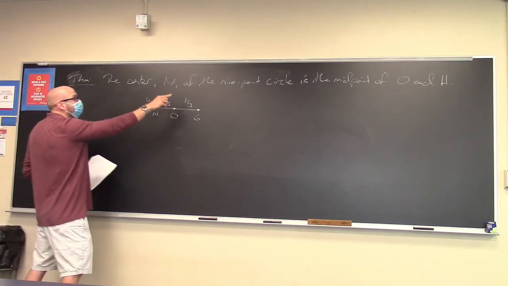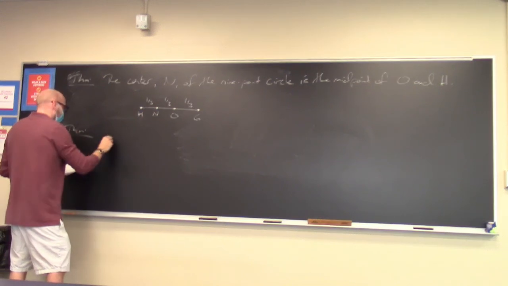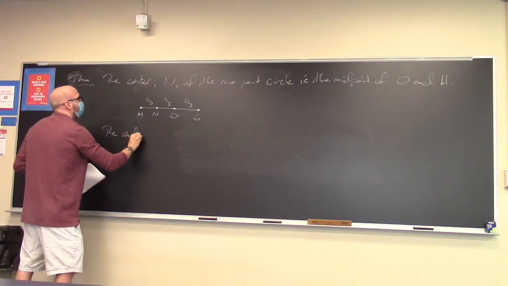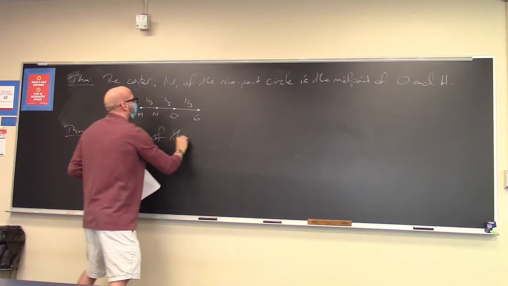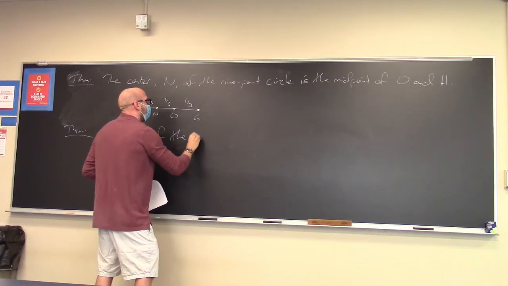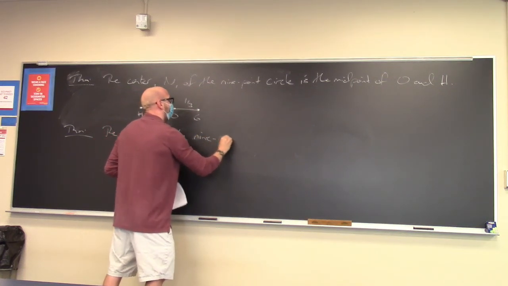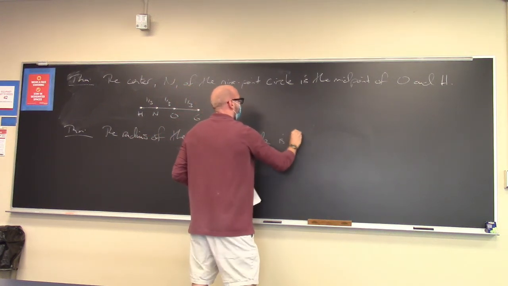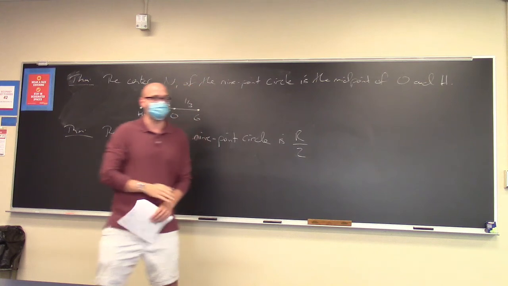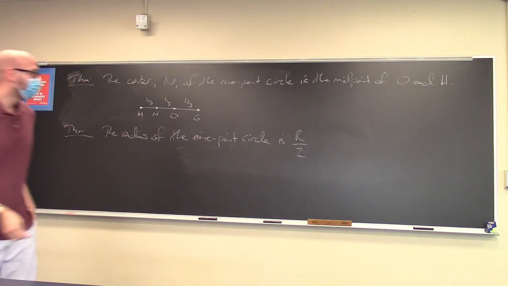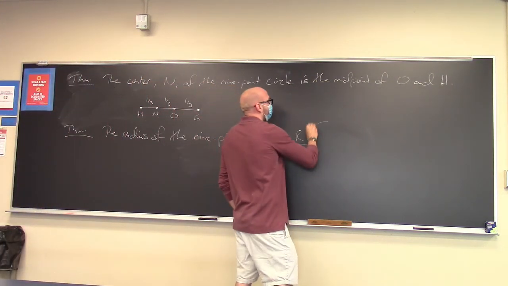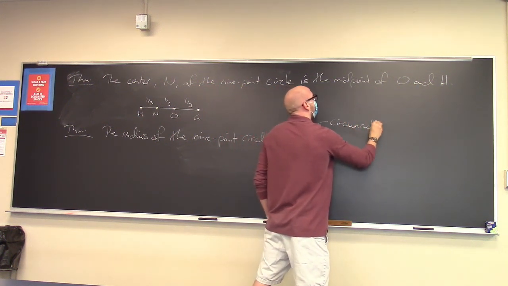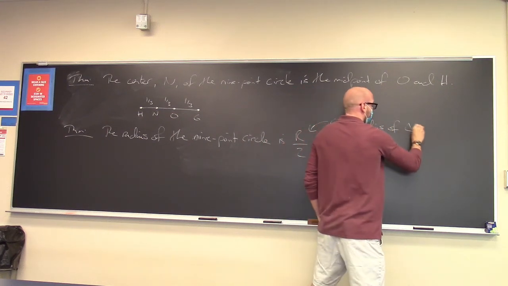So the radius of the 9-point circle is R/2. And by big R, I of course mean the circumradius of the original triangle, ABC.